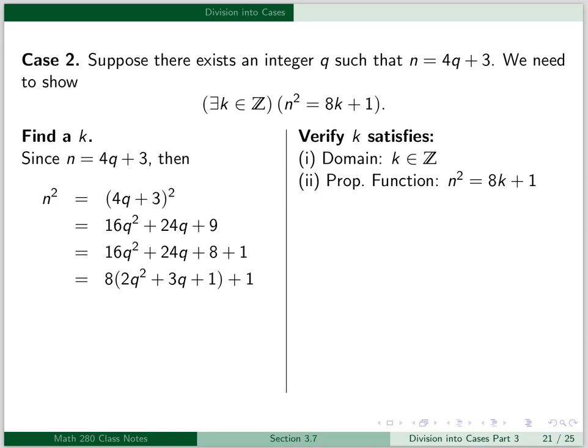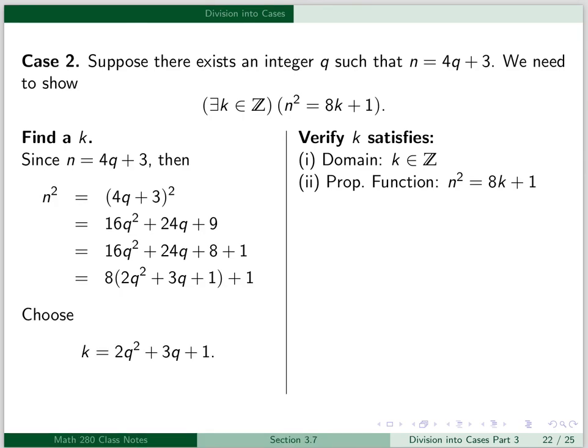And we can break apart the 9, we can rewrite it as 8 plus 1. And then after doing that, we have a common factor of 8 in the first three terms. And so factoring the 8 out, we obtain 8 times the quantity 2q squared plus 3q plus 1, plus 1. And so now this looks like our propositional function with 2q squared plus 3q plus 1 taking the place of k. So we'll choose k to be this expression.